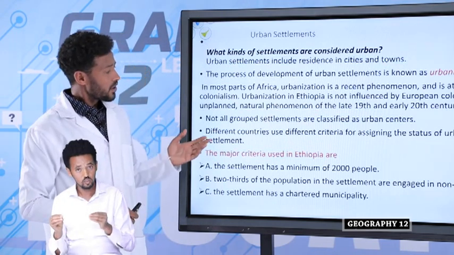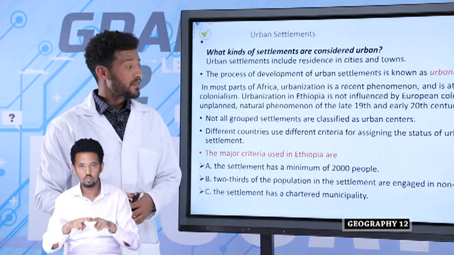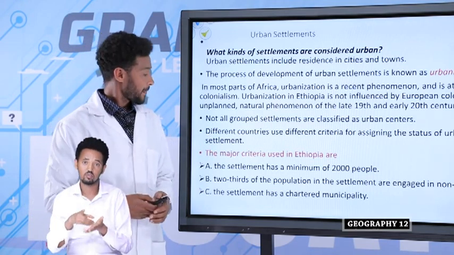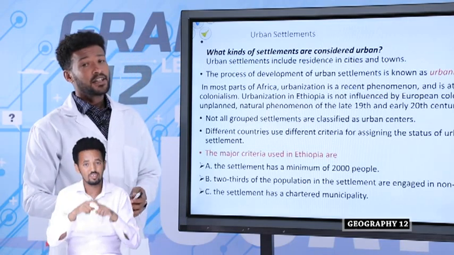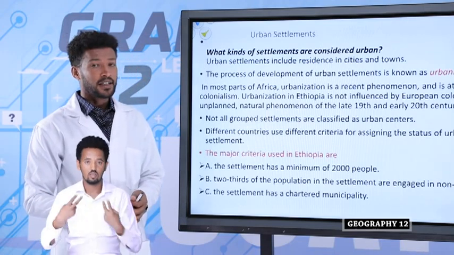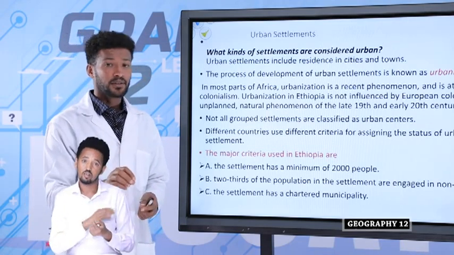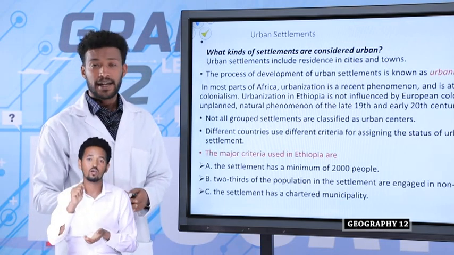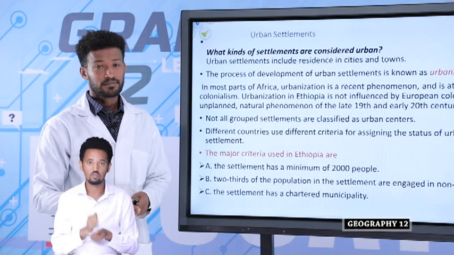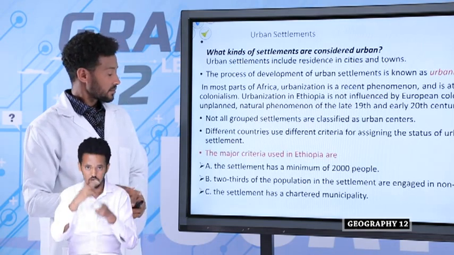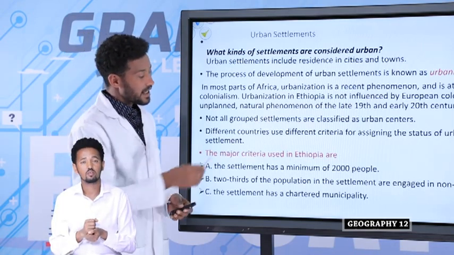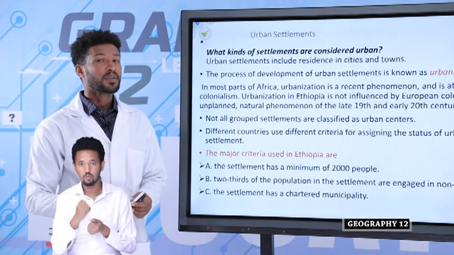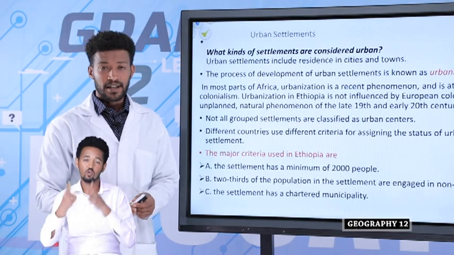Students, not all group settlements are classified as urban centers. Different countries have their own criteria in order to call places, cities or towns an urban area. The major criteria in Ethiopia are quite different from the world urban criteria.